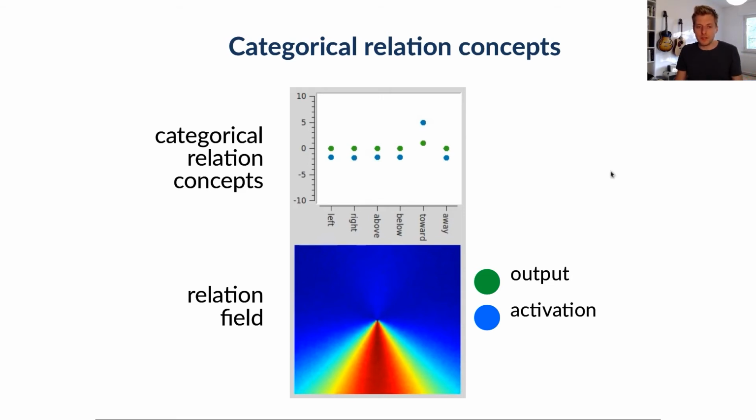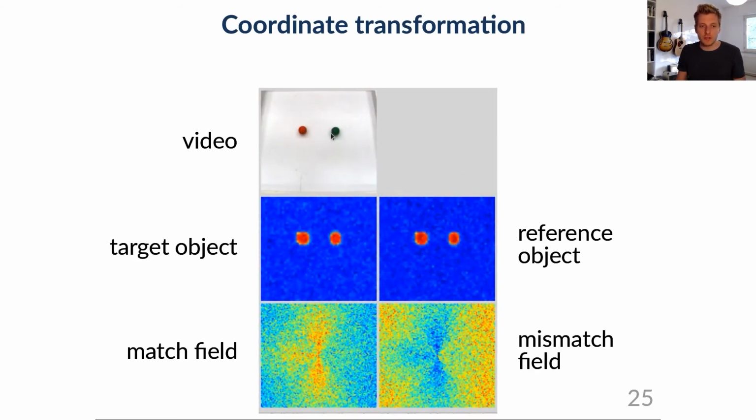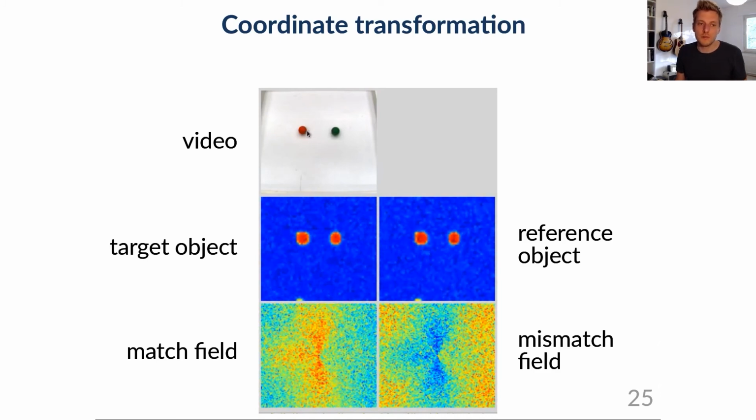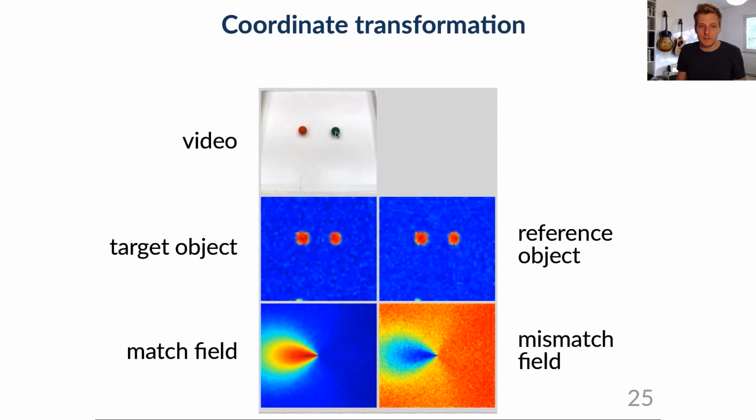What that does is not shift around these spatial templates, but shift around the relative positions of objects. So if you have a scene like this with a red and a green object, and you say something like the red object to the left of green, you want the spatial template to be centered on the green object.